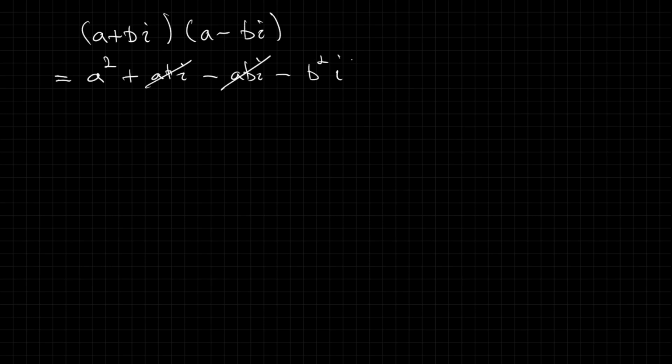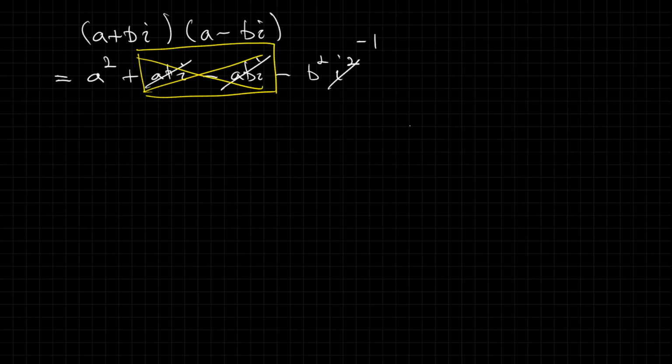I times i is i squared, and this i squared will be a negative 1. The important thing here is that the imaginary components canceled, and we're only left with real numbers. So anytime you multiply a complex number by its complex conjugate, you're going to get a real number. This concept of complex conjugates will be helpful when we are dividing complex numbers.